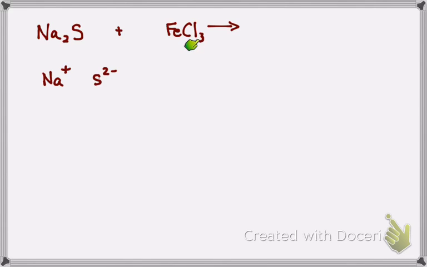Or you uncross it, so it must be plus 3. I got that by looking at the formula and realizing there's a 3 here. Chlorine's got a minus 1 charge, so there must be a 3 here. And the chlorine, as chloride, is Cl minus.